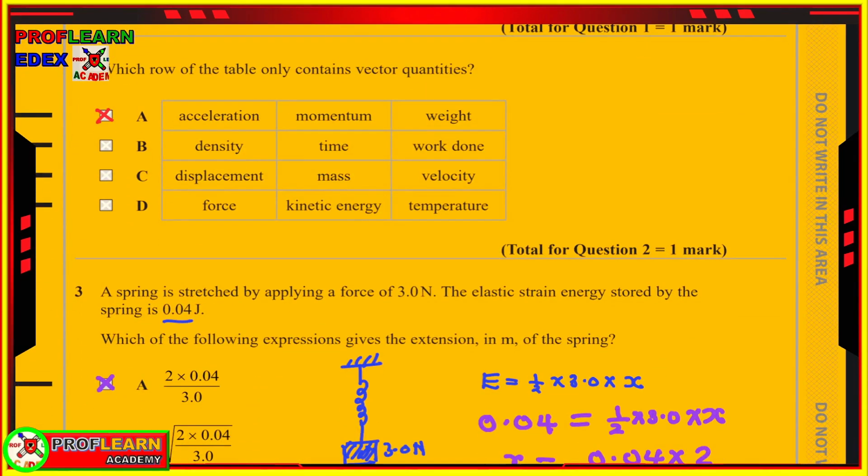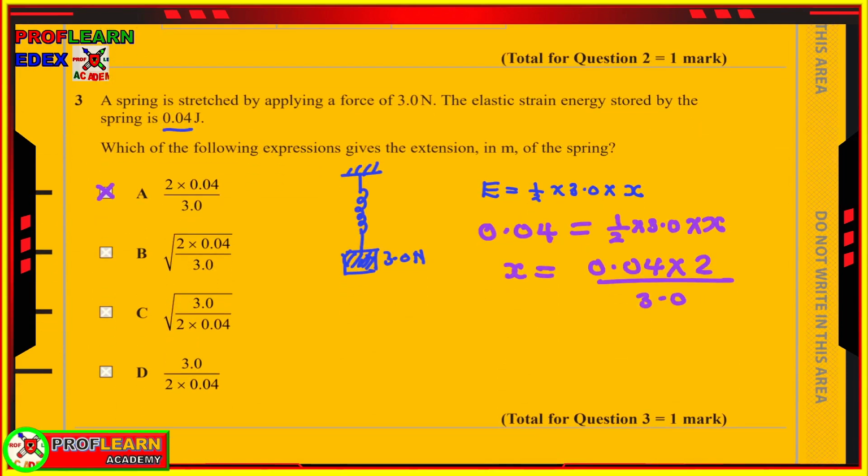Going forward, next question, we are told that the spring is stretched by applying a force of 3.0 newtons. Elastic strain energy stored by the spring is 0.04 joules. And we are supposed to state the expression which gives the extension in meters.